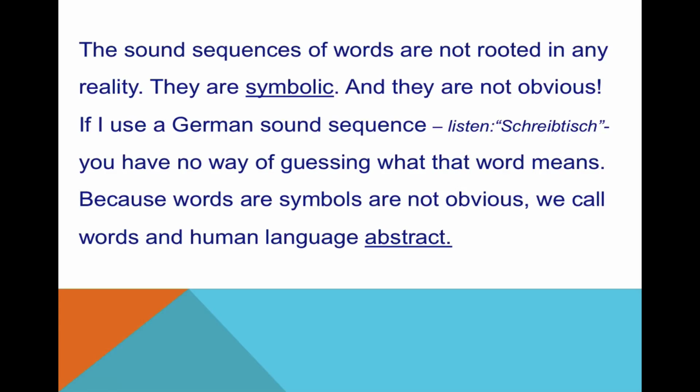Because words are symbols and are not obvious, we call words in human language abstract. It's abstract. It's detached from any reality. Excuse me. Here's an abstract painting. I thought it would be easiest to show you what abstract means by using abstract art. What is this? Of course you don't know because it's abstract art.